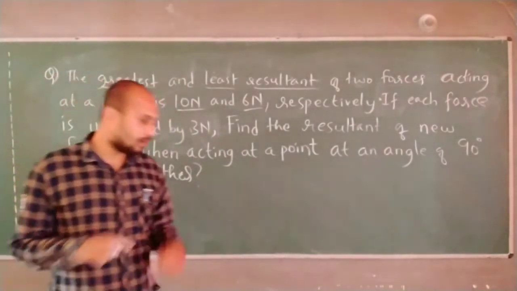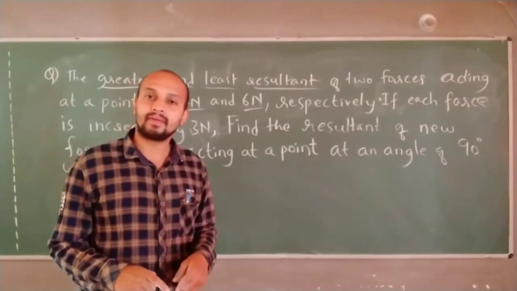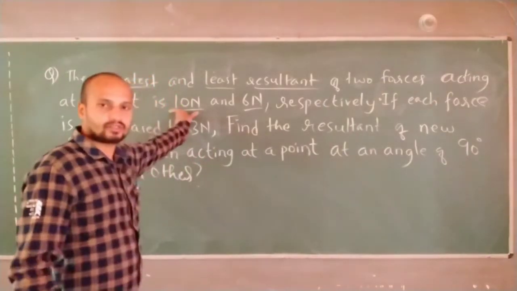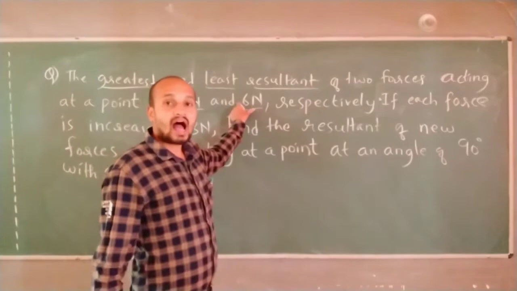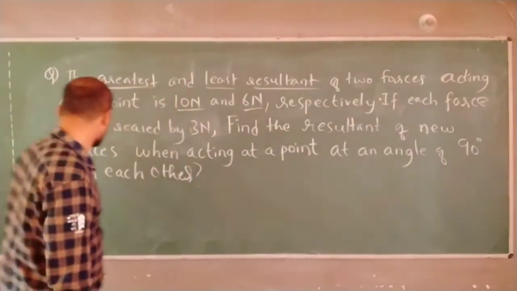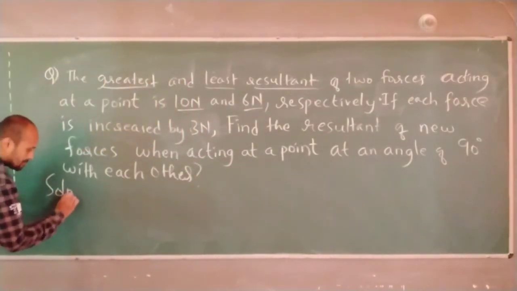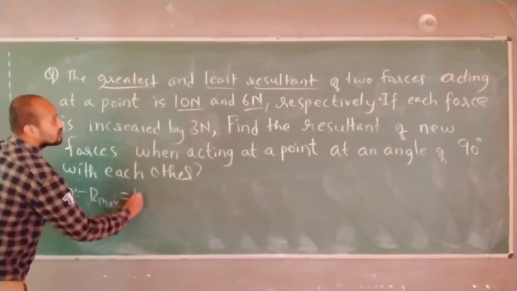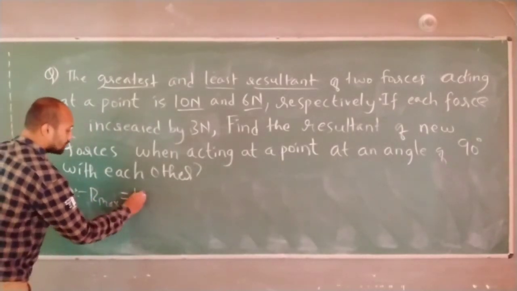R max is P plus Q. R minimum is P minus Q. So R max is given how much? 10 Newton. R minimum he has given 6 Newton. So, solution. R maximum is 10 Newton. Am I right?